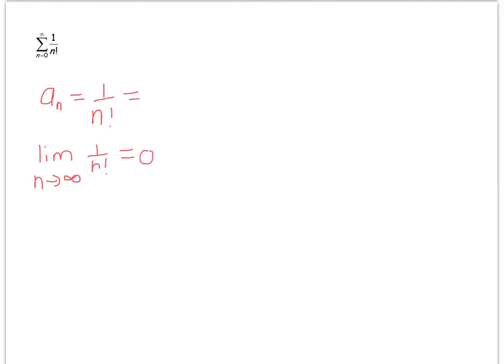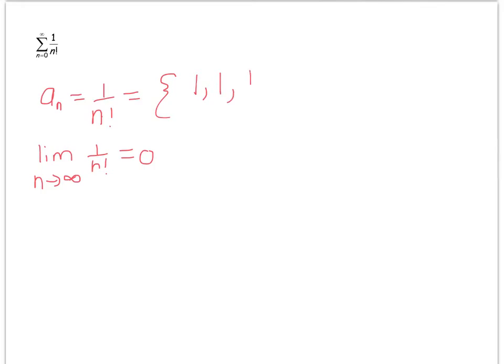Let's write out a couple of these terms, starting with the 0th term, because that's where the sum starts. So 0 factorial is 1. So we have 1 over 1 is 1. Oh, I'm getting ahead of myself. I don't want to think about the series yet. I just want to write out terms of the sequence. So 1 factorial is 1, so it'll be 1 over 1 again.